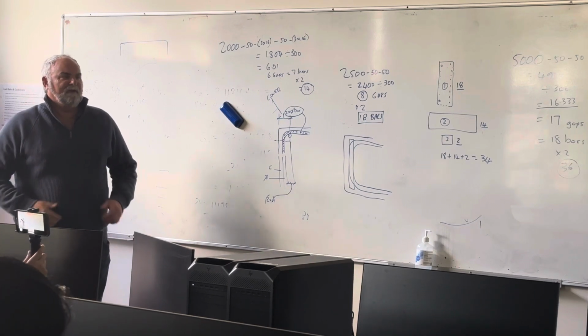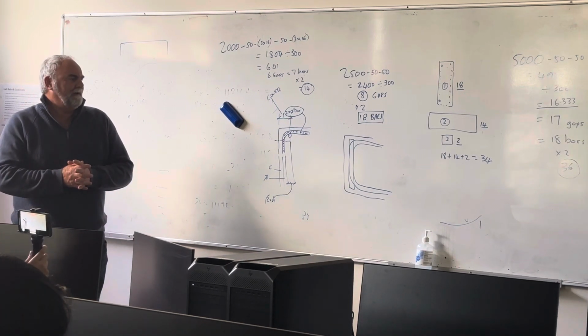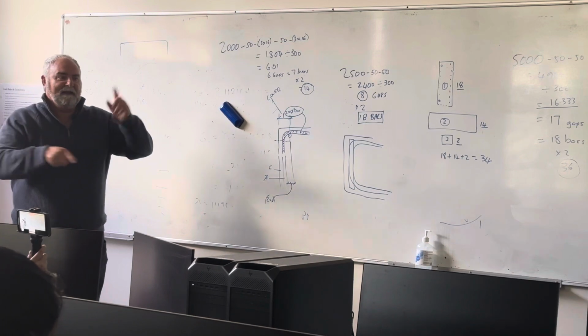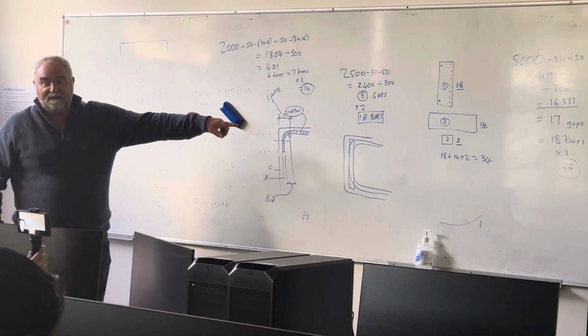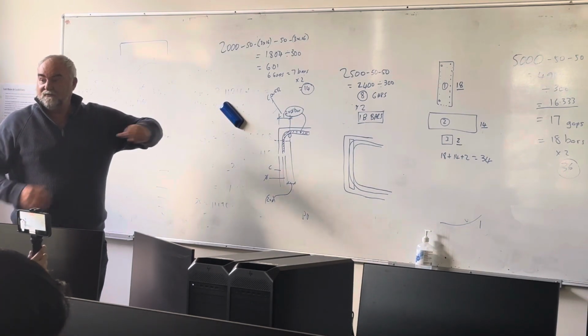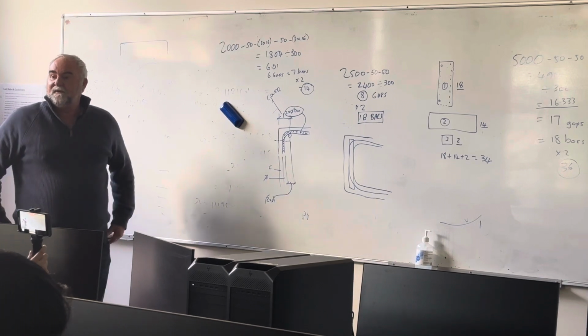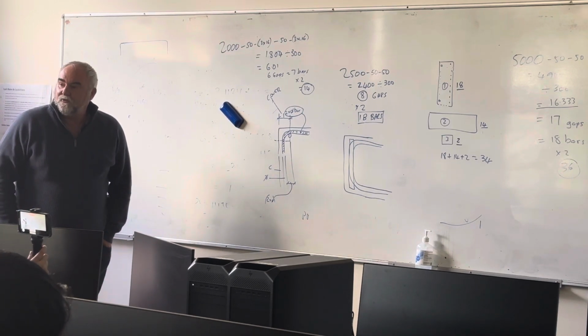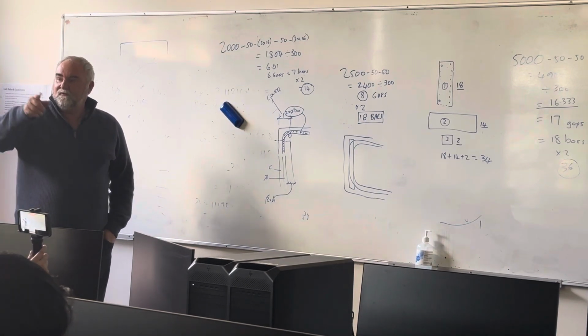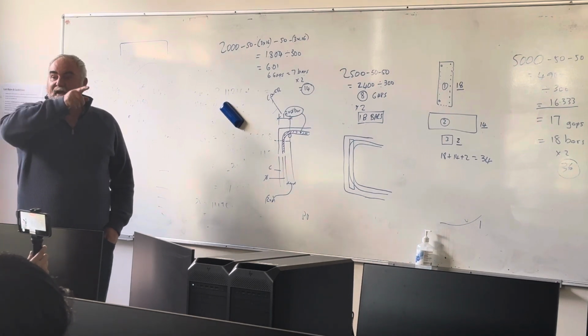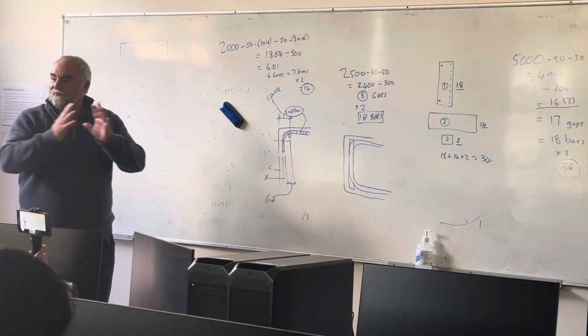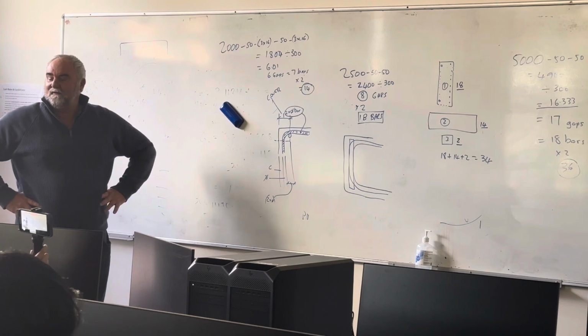A lot of students go, oh, where do you put it? What's the length of that? Well, you can calculate that length quite easily because of the fact that it's right up against the cover. The first thing you should draw on your drawing is the outline, and then draw the cover line, so you can push the bars right against it. All right?